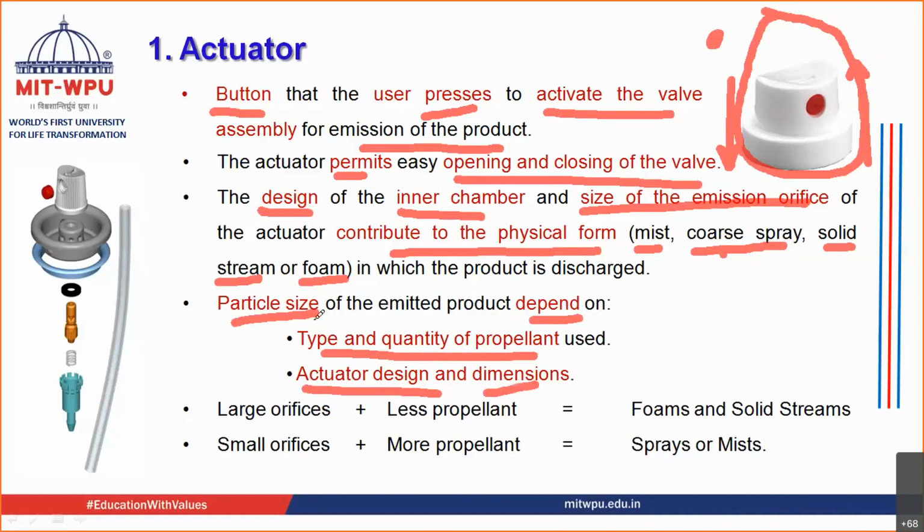For example, if the orifice is larger and the quantity of propellant is less, then the emission is near foam type or solid stream type. If the orifice size is smaller and the quantity of propellant is more, then the material is expelled in the form of spray or mist.